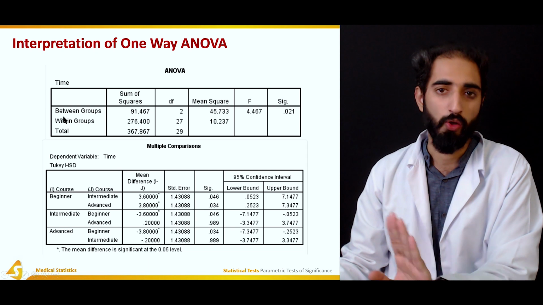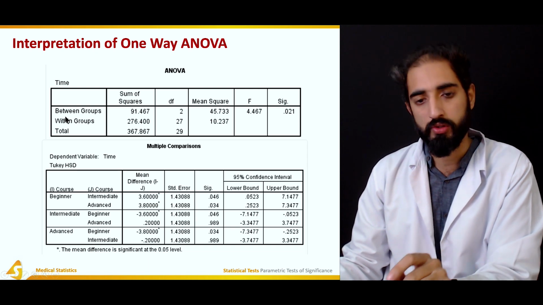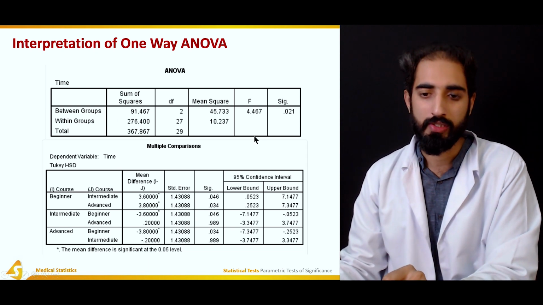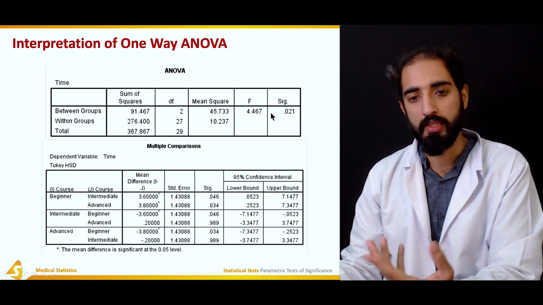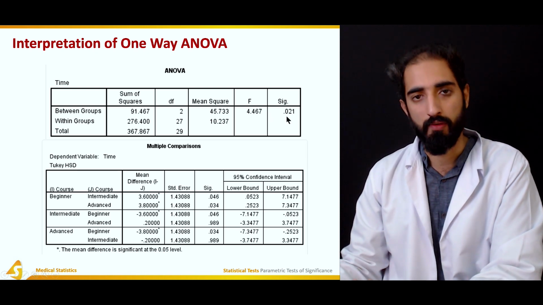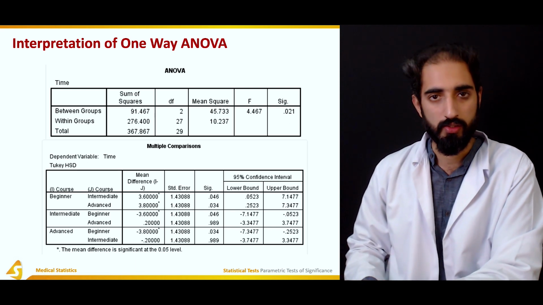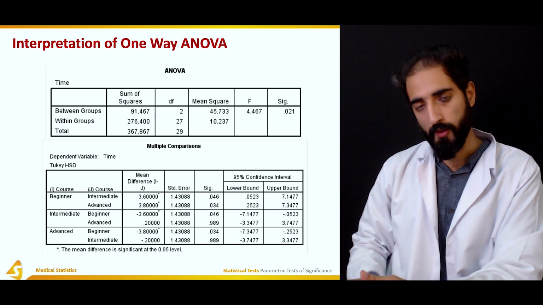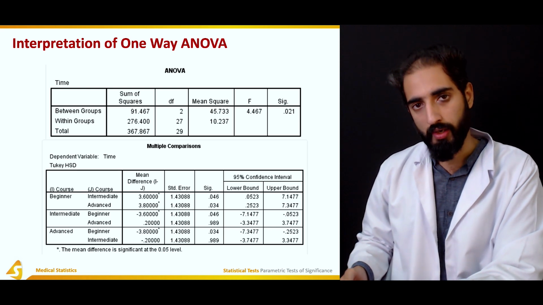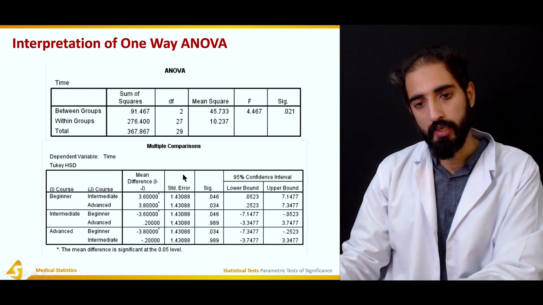If you have selected only ANOVA and you haven't selected any post-hoc, then you will get just this table, and here you can see the significance value or the p-value, which is 0.021, which is less than 0.05, which means that there's a statistically significant difference. If you have selected Tukey's for post-hoc as well, you'll get a post-hoc value as well.